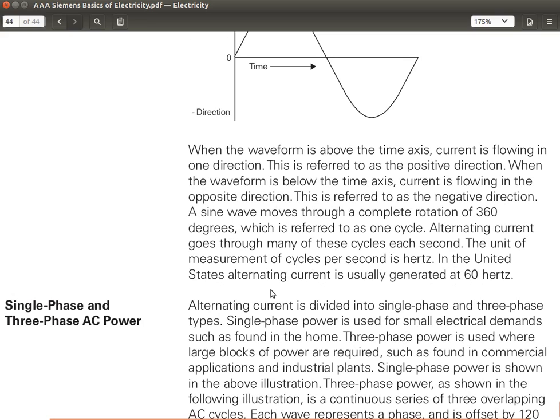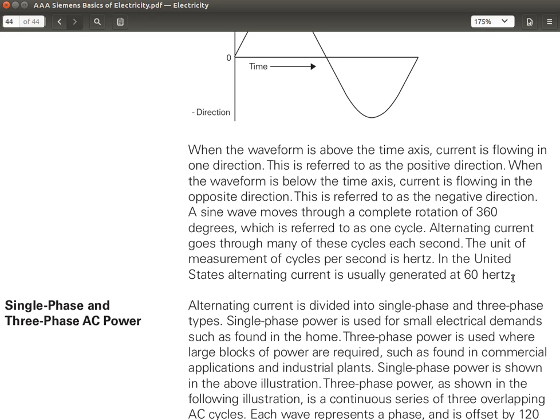In the United States, alternating current is usually generated at 60 Hertz. And I know that in other countries, for example, Jamaica, in England, it's generated at 50 Hertz.